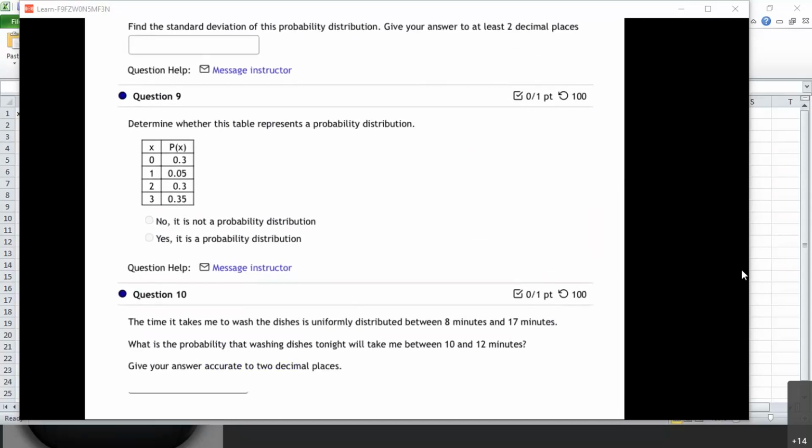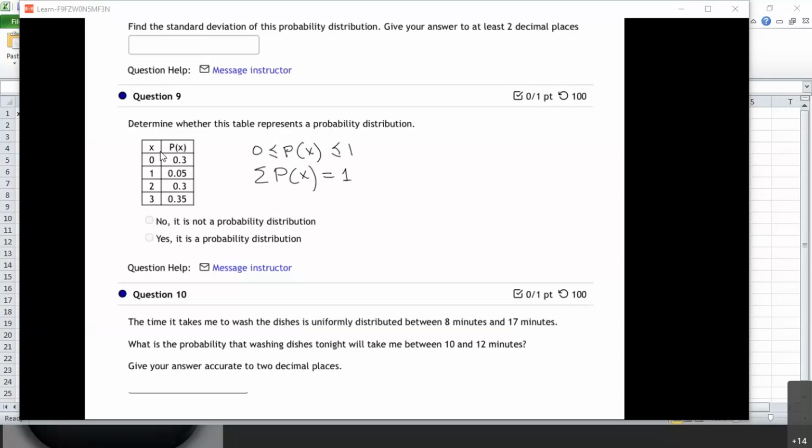Anybody know one of the 2 things? Yeah, all the probabilities have to be between 0 and 1. So no negative probabilities or no probabilities greater than 1. And then the sum of all the probabilities has to equal 1. Those are the 2 things you need to check.